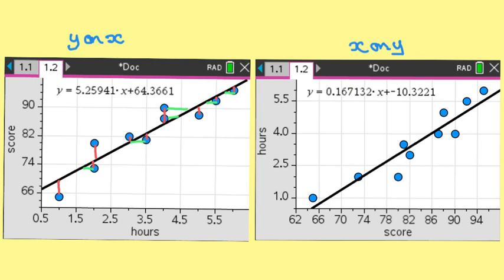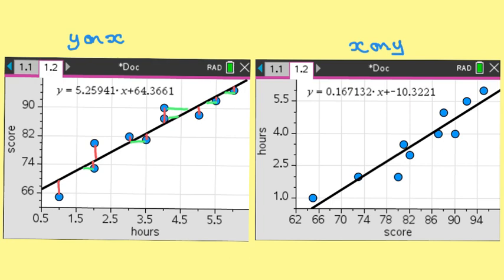The equation to find the score given the hours is y equals 5.25941x plus 64.3661, and the equation to find the hours given the score is y equals 0.167132x minus 10.3221.